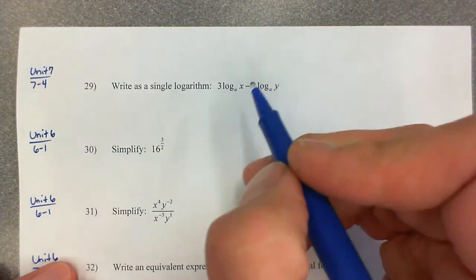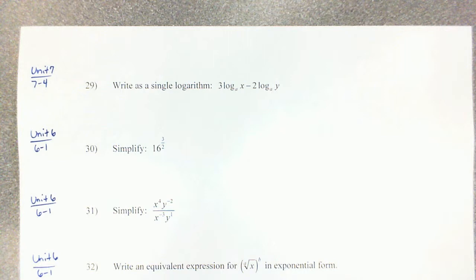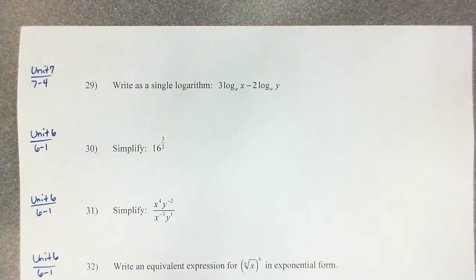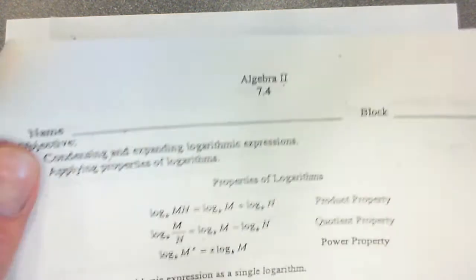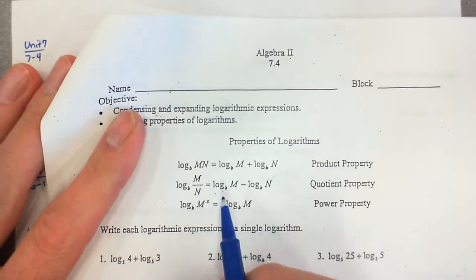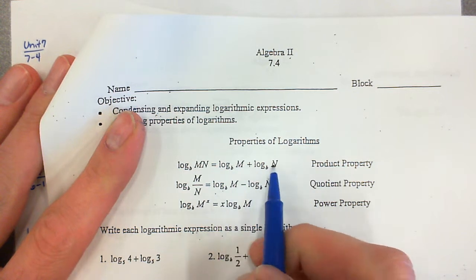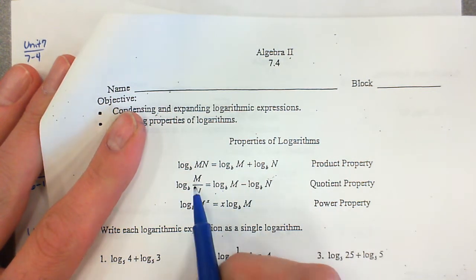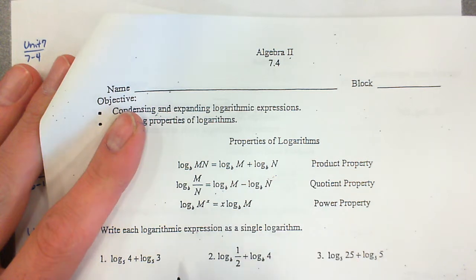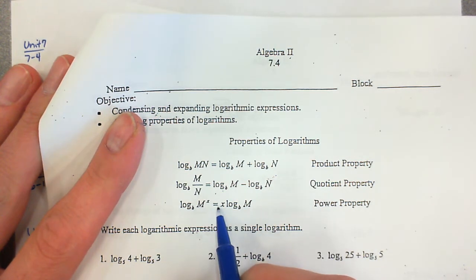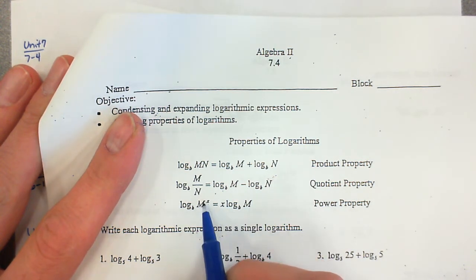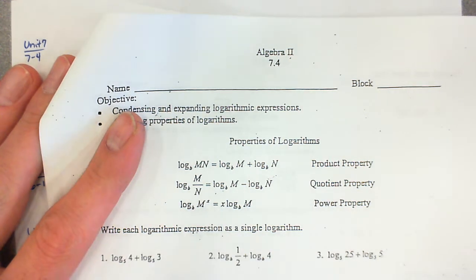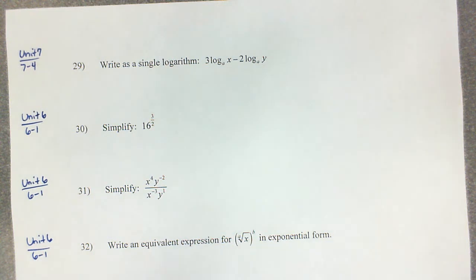In Unit 7, we talked about these properties here, okay, where if you add two logs together, you multiply the values. If you subtract two logs from one another, you divide the two values you're taking the logs of. And then if you have a number out in front, that can go up to the power, or the power can come back out in front. It works both ways. Okay.